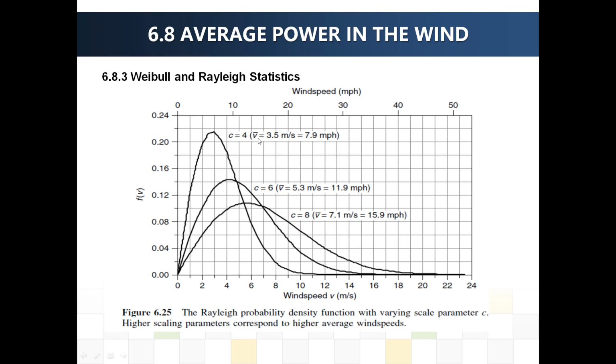When c is equal to 4, the average wind speed is 3.5 meters per second, which is about 7.9 miles per hour. When c is equal to 6, the average wind speed is 5.3 meters per second, which is about 11.8 miles per hour. When c is equal to 8, the average wind speed is 7.1 meters per second, or 15.9 miles per hour.